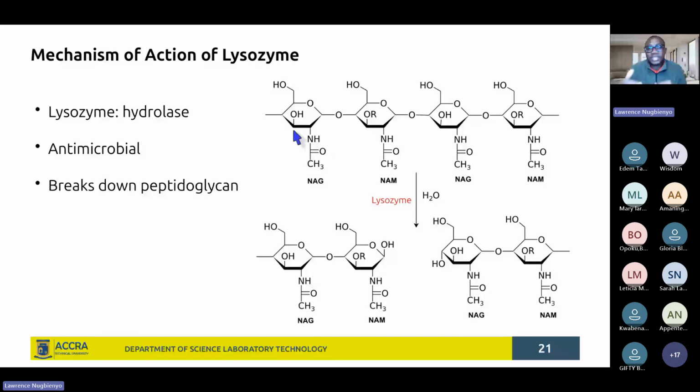Now, that is the structure of peptidoglycan. And peptidoglycan is the major component of bacterial cell walls.